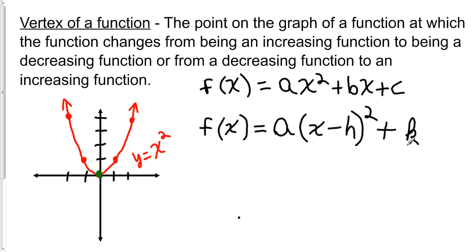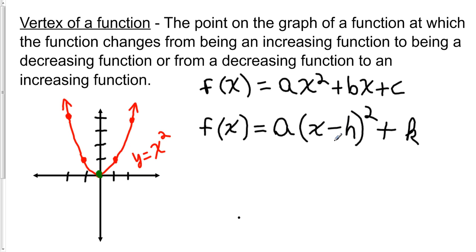h and k would give you the values where you would move the vertex for this particular parabola. This particular parabola is just a squaring function, and it has its vertex at the point 0, 0. But other parabolas that aren't as simple as this one, that have other terms, for instance linear and constant terms, would have vertices that were not at the point 0, 0.